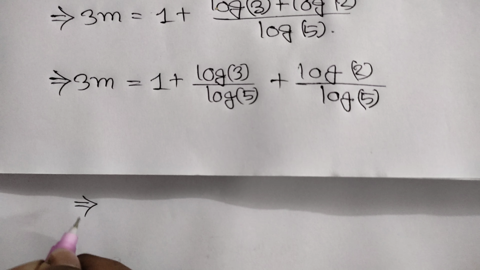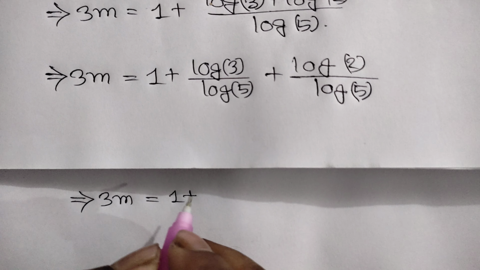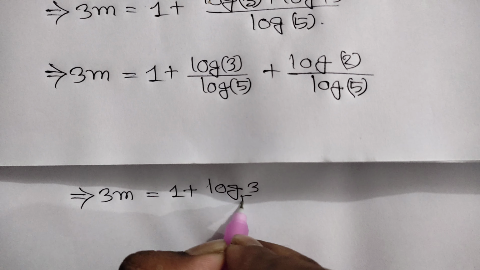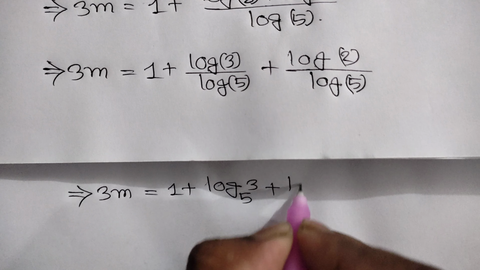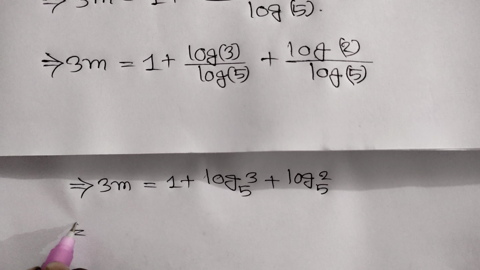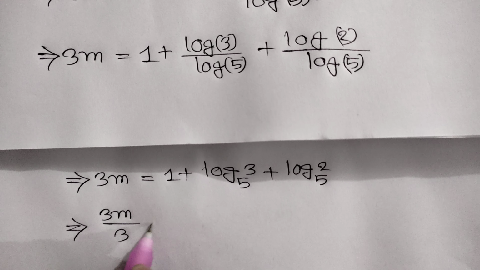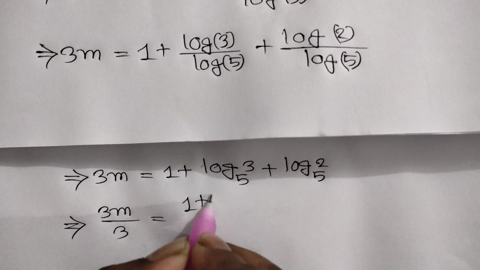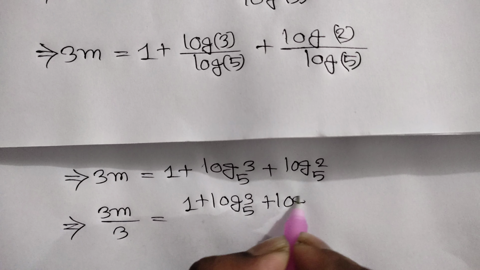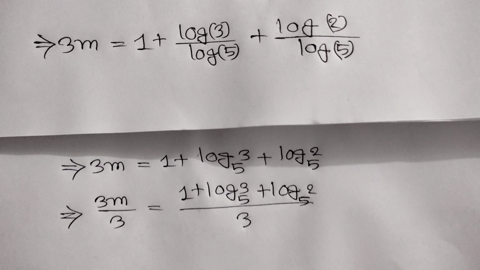So 3m is equal to 1 plus, here we can write log of 3 base 5 plus log of 2 base 5. Now dividing both sides by 3, we can write here 3m over 3 is equal to 1 plus log of 3 base 5 plus log of 2 base 5, over 3.